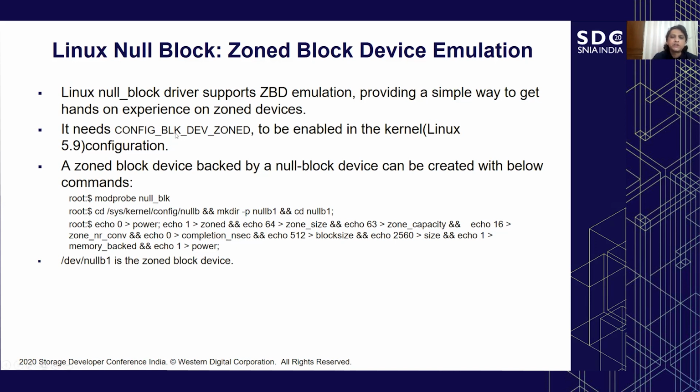So we have to enable the kernel configuration CONFIG_BLK_DEV_ZONED, and then once we load the null block driver using these commands, we can create a null block device. And once this device is ready, we can play around with it.